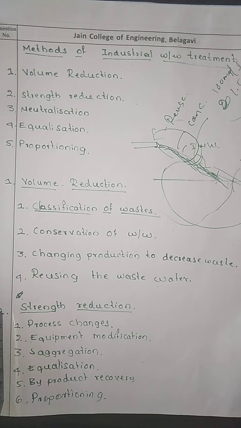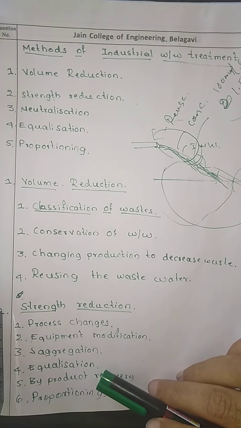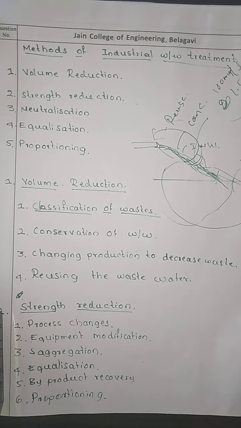Now next is the equalization. In equalization, if a plant has many products from a diversity of processes, the waste has to be equalized. This can be done by holding the wastewater for a certain required amount of time, depending upon the time taken by the process.